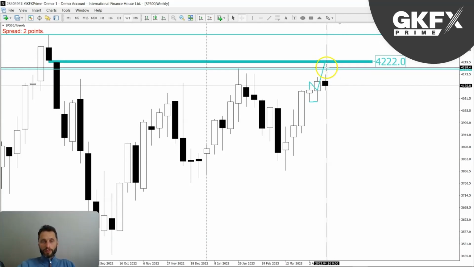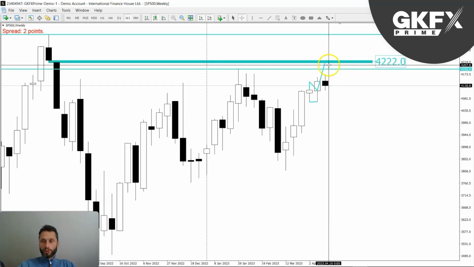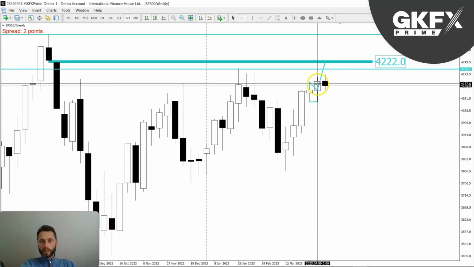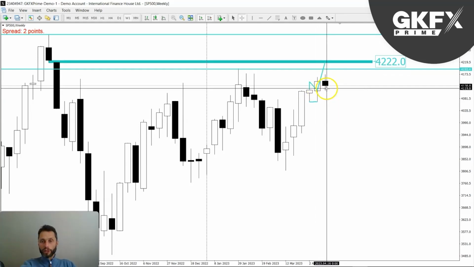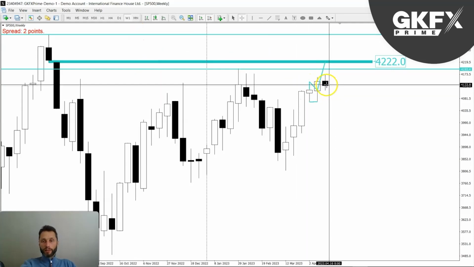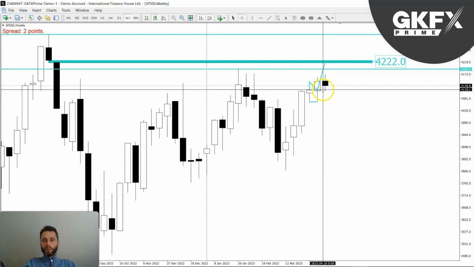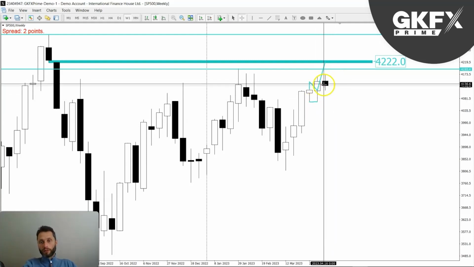So we've got this zone, if you like, this level, and then the next level 42 and 42.22 as the targets. And last week, in comparison to the week before, we closed bearish, but we had this, as you can see, let me just point it out, this wick here, which did not take out the low of the previous week.